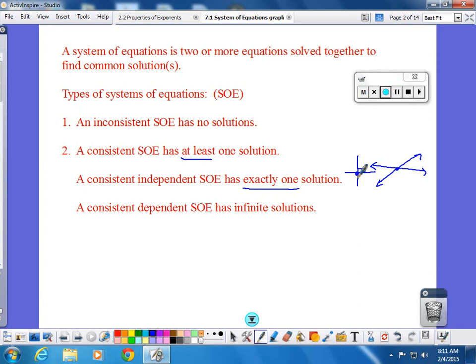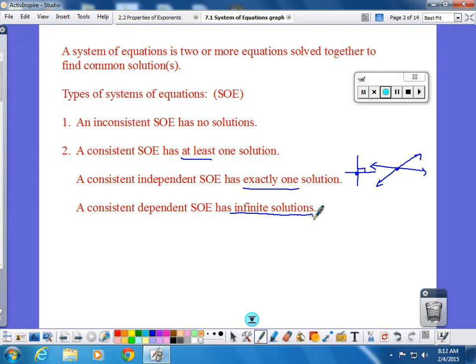Finally, a consistent dependent system of equations has infinitely many solutions. Draw that. See what that would look like. How would you draw two lines that have infinitely many solutions? That one's probably the hardest one. What would they look like? A circle? They have to be lines.